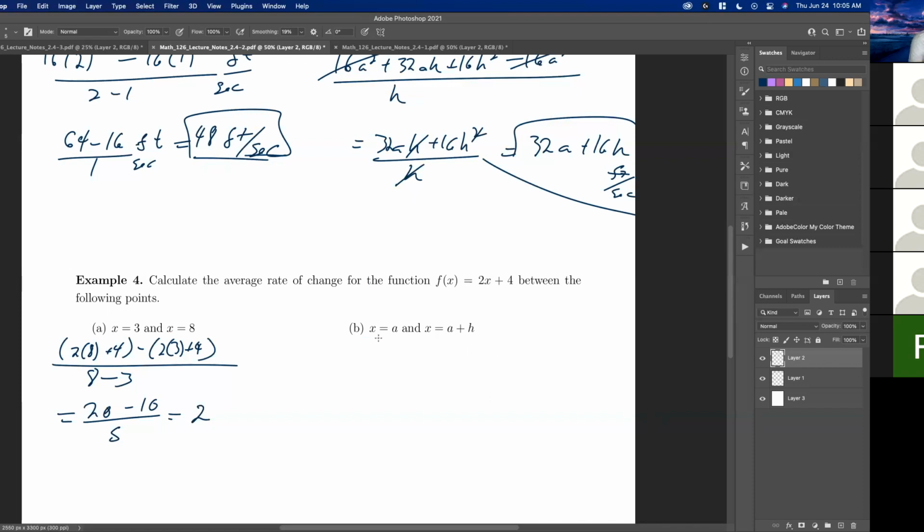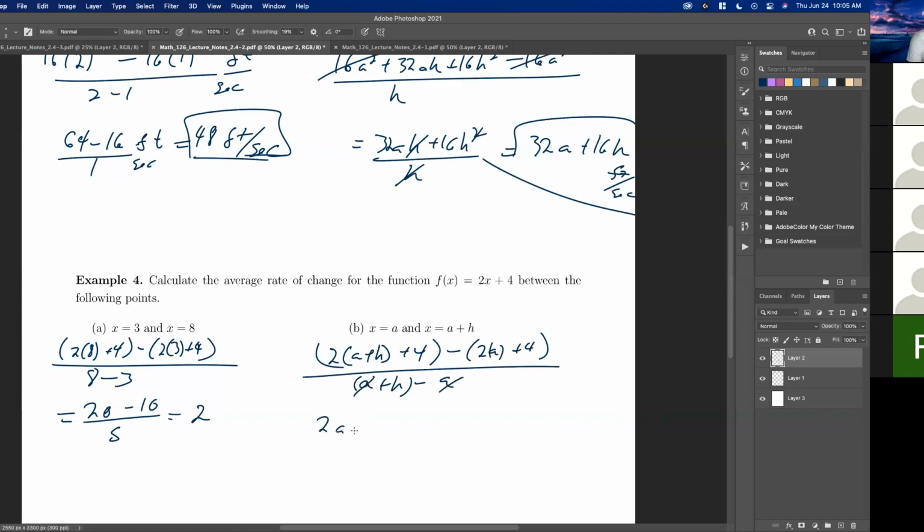Here, if we do A plus H, let's just have 2 times (A plus H) plus 4 minus (2A plus 4), all over A plus H minus A. The A's cancel.